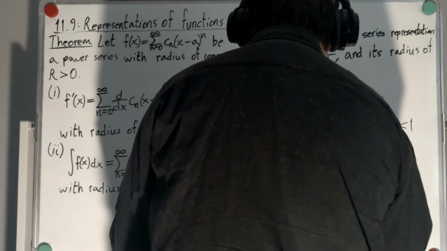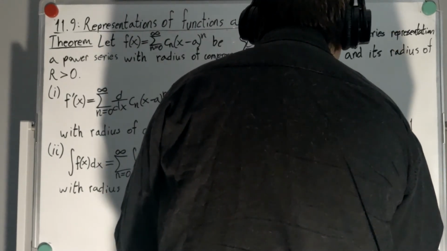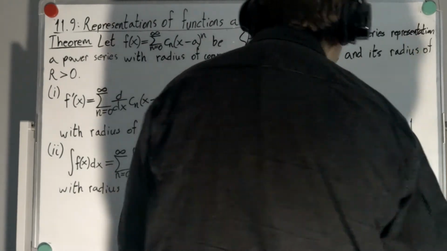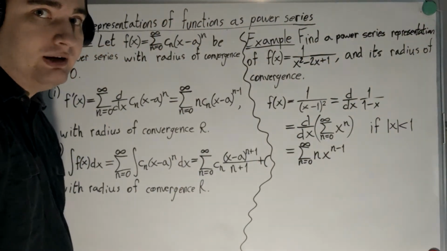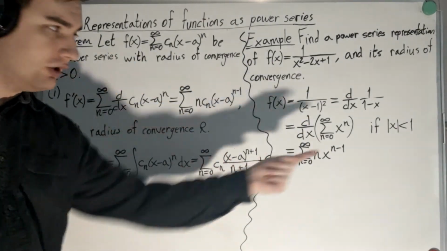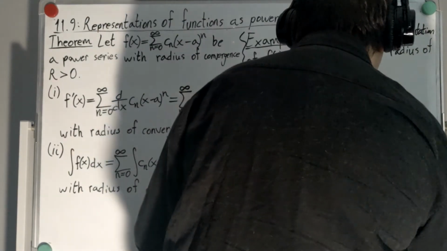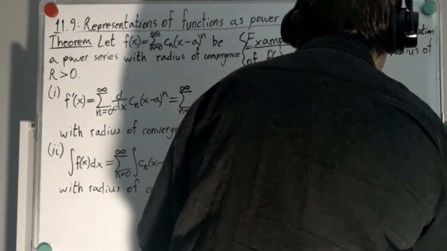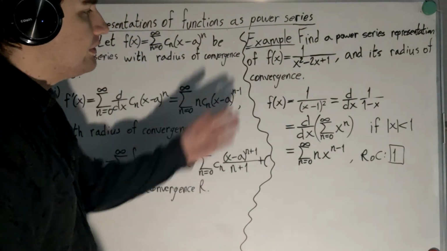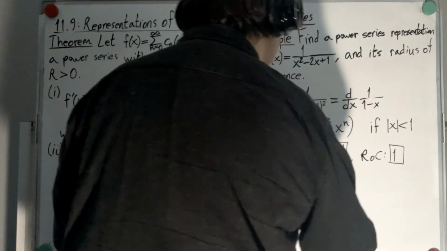So this is the same as the sum from n equals 0 to infinity of n x to the n minus 1. And also according to this theorem, it's the same radius of convergence, so the radius of convergence is still 1. So this gives us a power series representation for this thing.